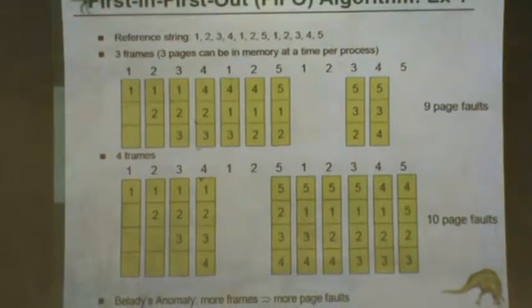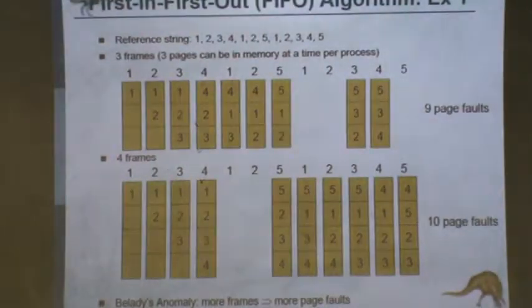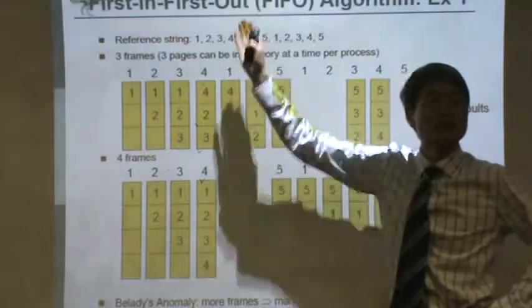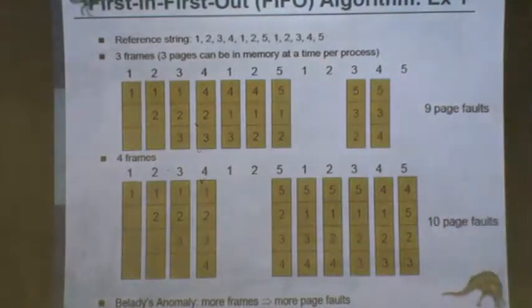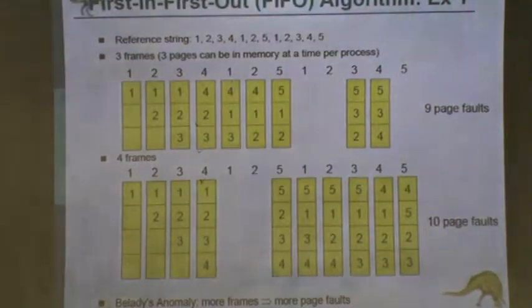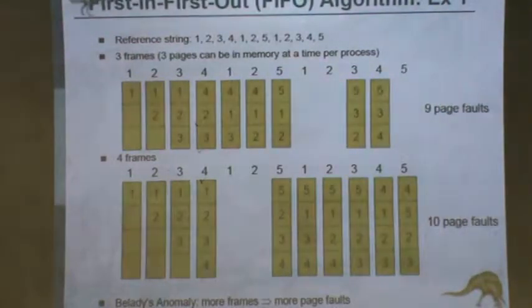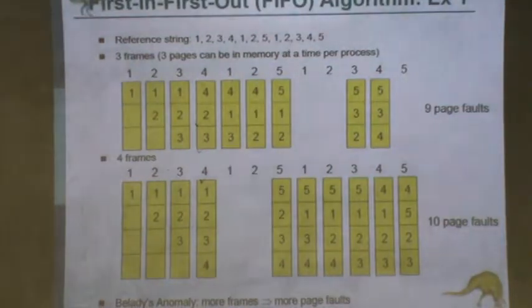So the first one is first in, first out. What is the victim page in this algorithm? The oldest one. First in. It doesn't matter how many times the page has been used or referenced; what matters is when the page was loaded into the memory.